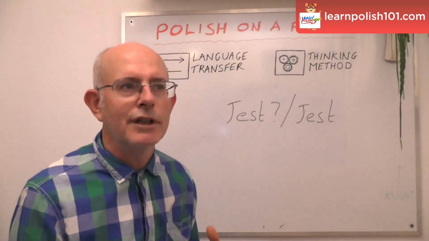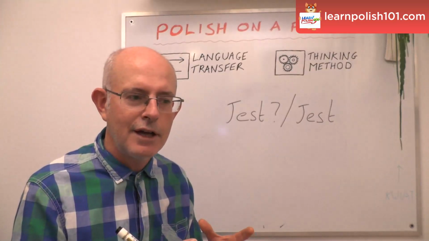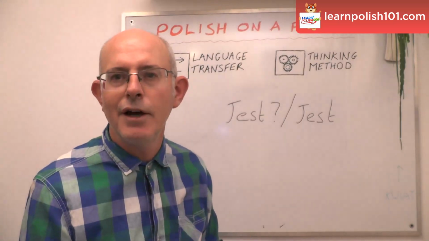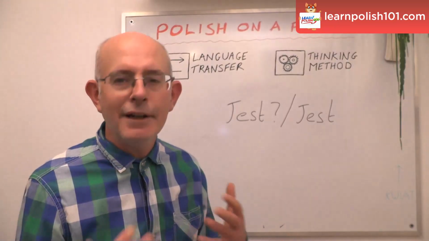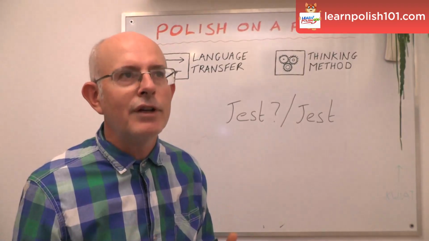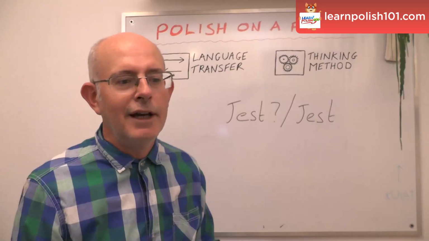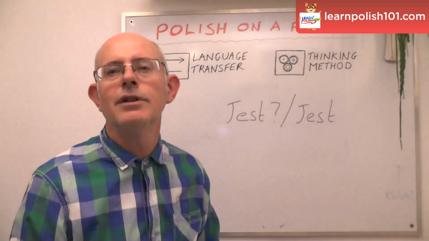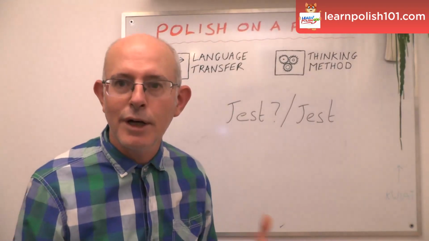So what we're going to do now in the course is we're going to take a look at some of the other really common stuff that you will need to know. For example, in terms of getting around. Getting around is the most important one because that's the time you're very likely to meet people that don't speak English. Whereas I kind of find these courses that start teaching you everything about how to order in a restaurant, and you need to learn all the Polish dishes and then how to order them and how to ask for the bill.